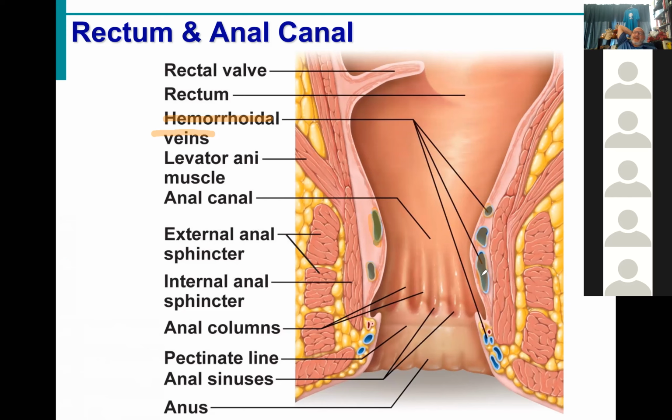Okay, so again, there are these hemorrhoidal veins. I am uncertain as to what the full function of them is. However, why we are aware of them is if you have an issue with the consistency of your feces.